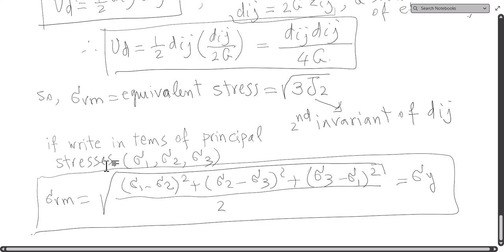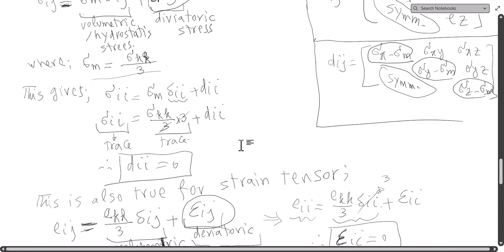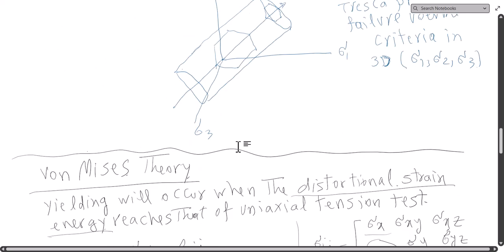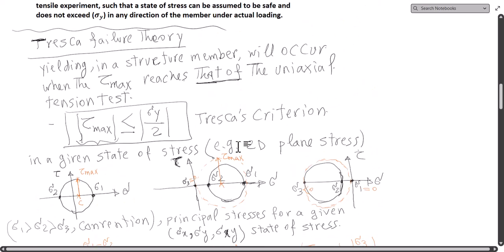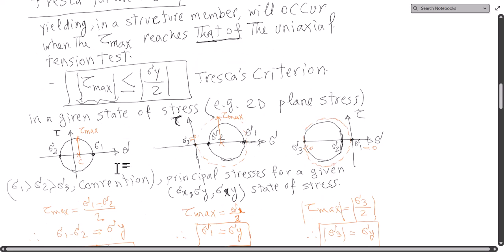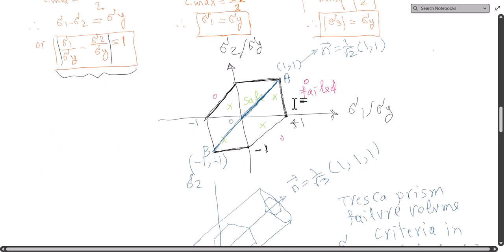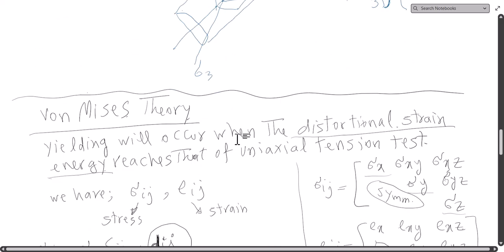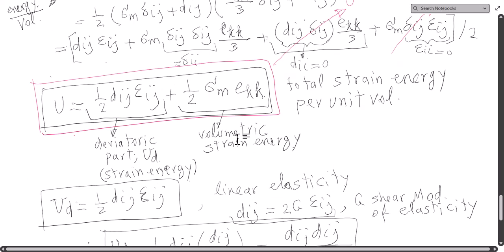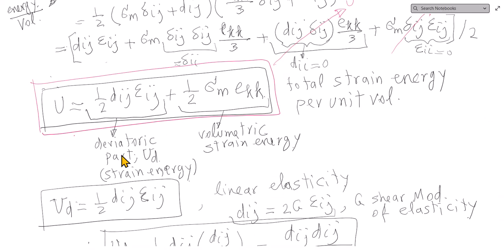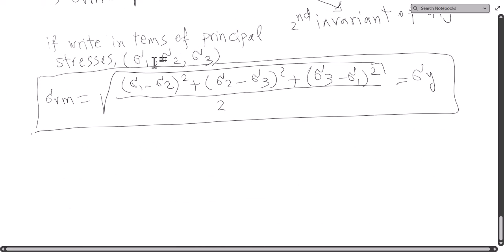If you compare this to the Tresca, you see it's more complicated. With Tresca, it was just a simple equation. Of course, we had to find the tau max, which we did, and we got a shape. But here we have this relationship.